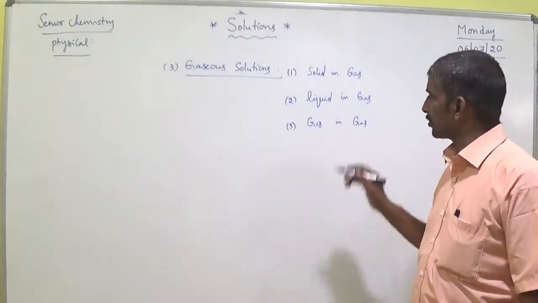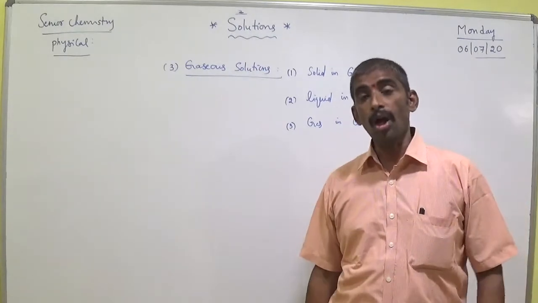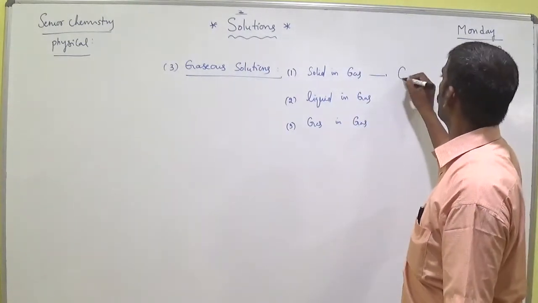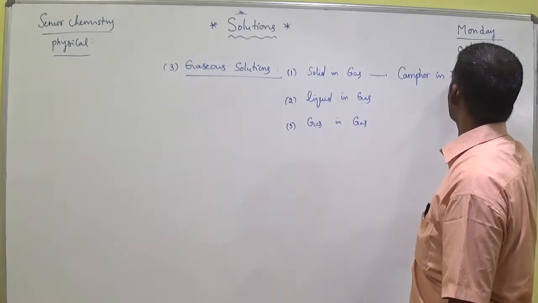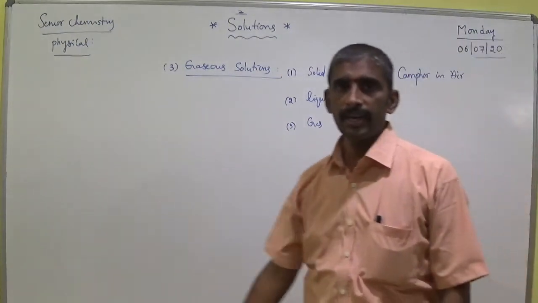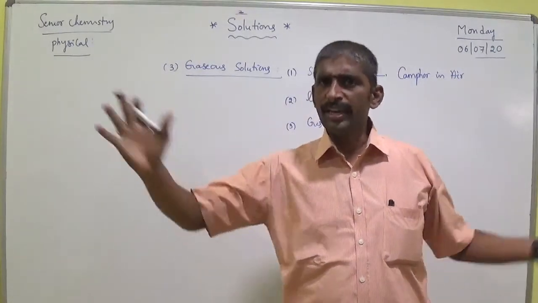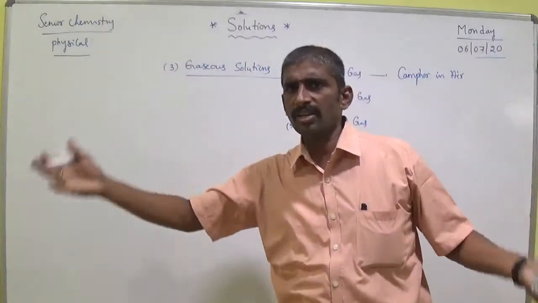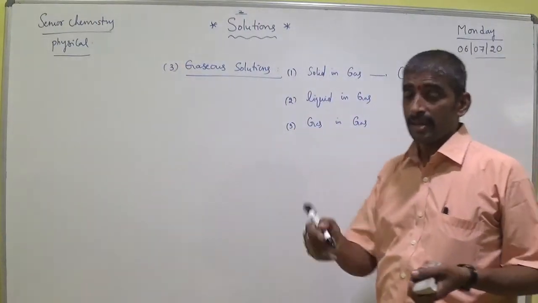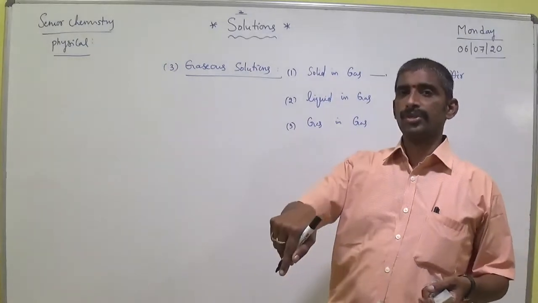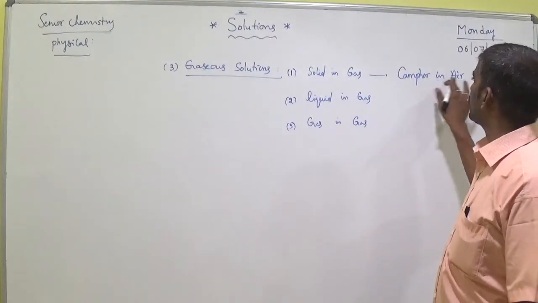For solid in gas, the best example is camphor in air. Camphor, in less quantity, is considered the solute. Air, in large quantity, is the solvent. Sometimes they will ask in an MCQ: camphor in air, which type of solution?